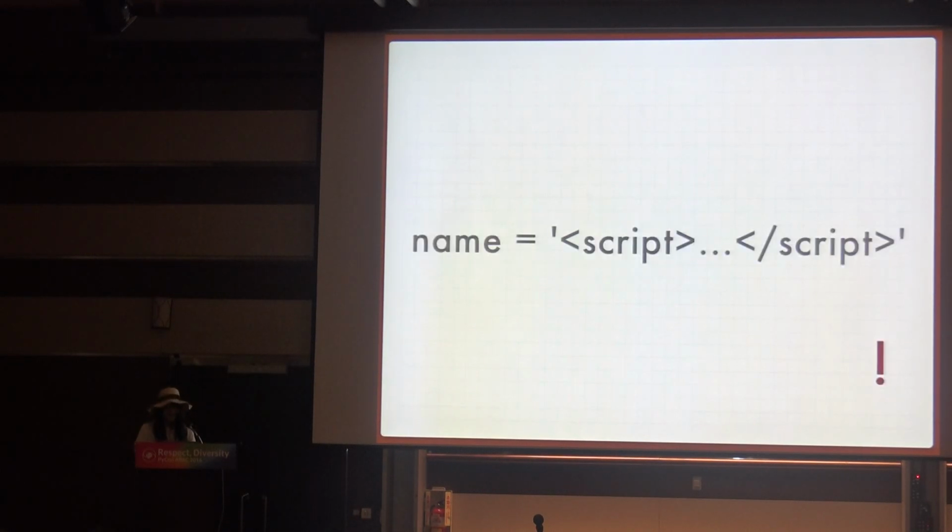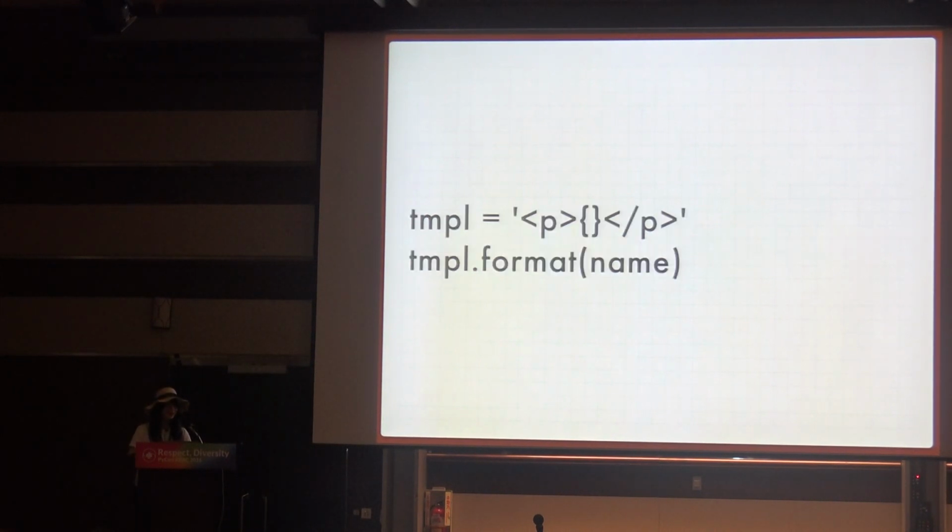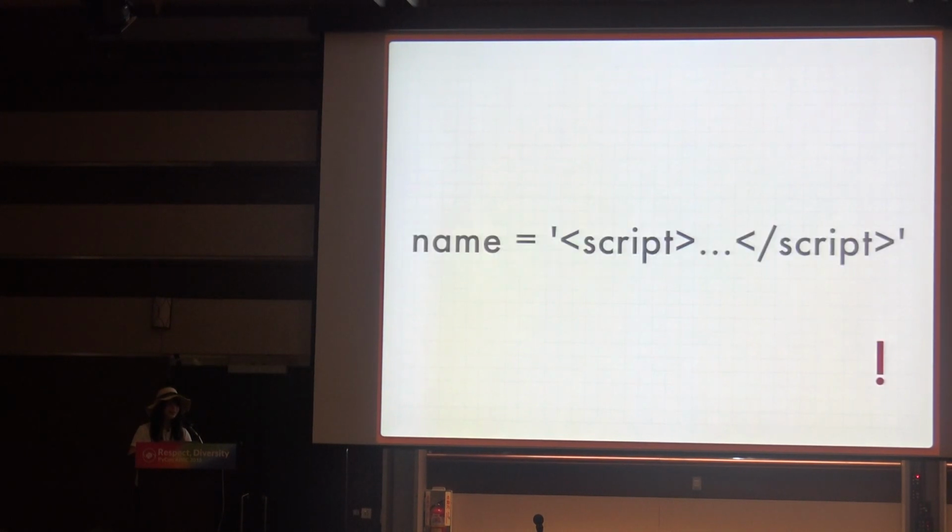Okay, okay. If the name is a script, let me look again. If the name is a script, that will trigger an XSS attack. It means a user can put any script into your code and your website will execute it.